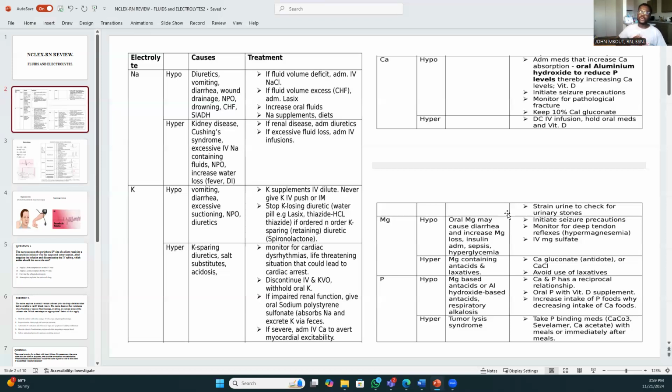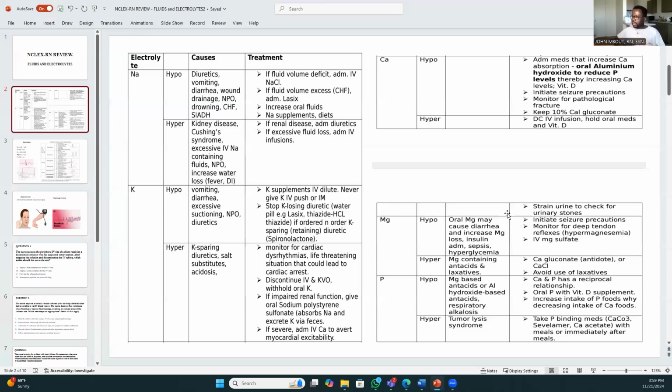So, when we have hypermagnesemia, we can give calcium gluconate. We can administer calcium chloride. Calcium gluconate is an antidote for high magnesium levels in our system. Calcium gluconate. Very, very important.